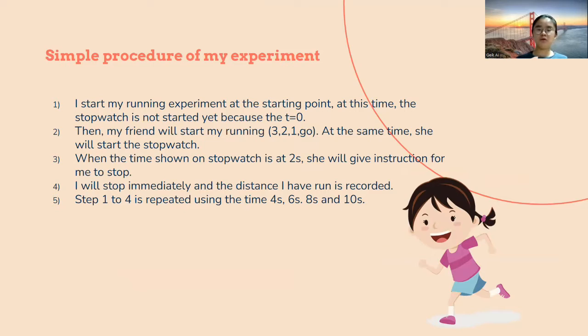When the time shown on the stopwatch is exactly 2 seconds, she will give me instruction to stop running. I will immediately stop running, and the distance I have run in 2 seconds will be measured and recorded. Steps 1 to 4 are repeated using the time 4 seconds, 6 seconds, 8 seconds, and also 10 seconds.